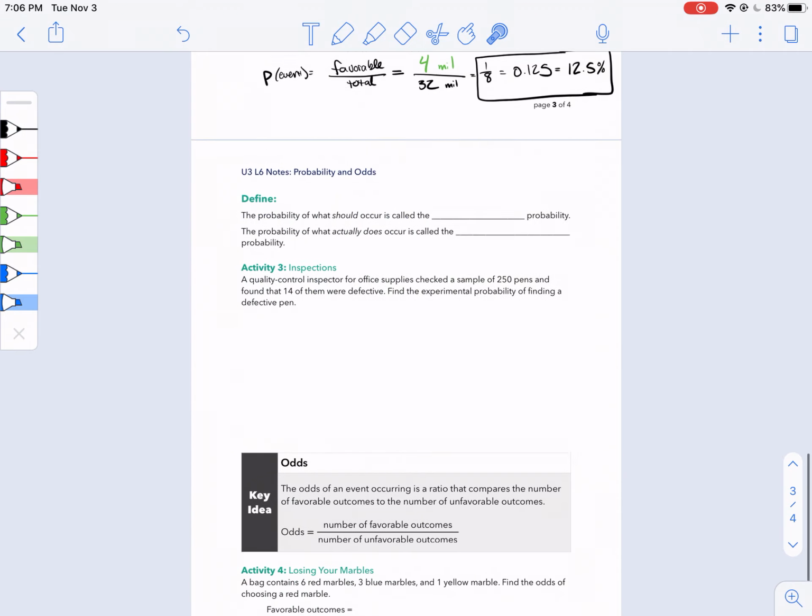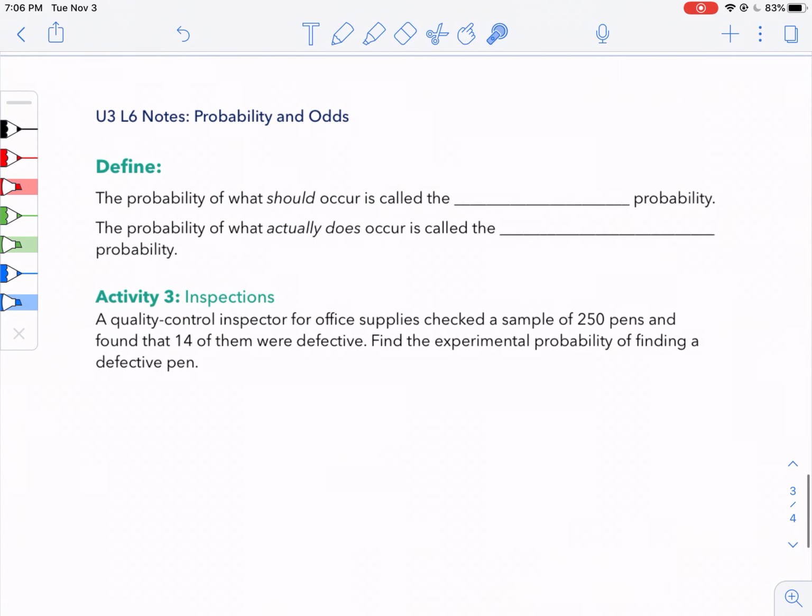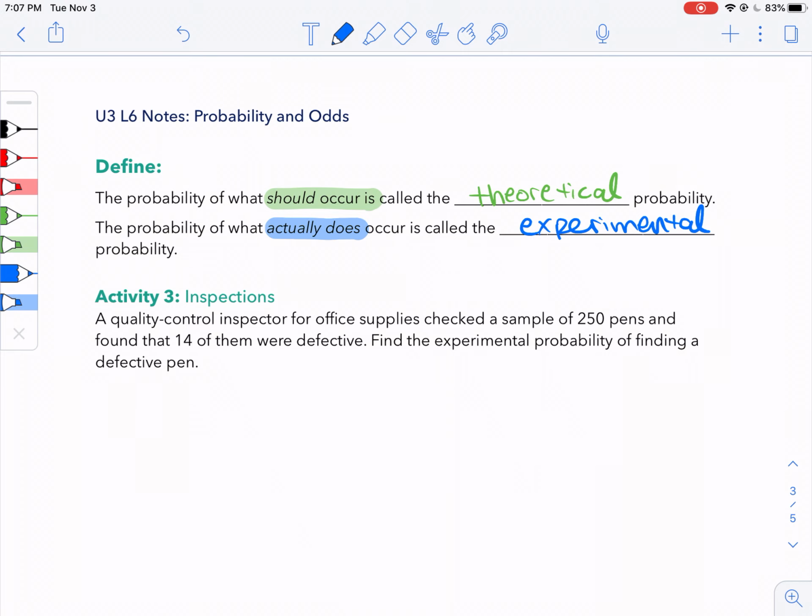So that's probability. We already talked about what we expect to happen, what should occur. We call that theoretical, what happens in theory. And then what actually does occur, what you actually ended up rolling, that's experimental probability. That's what would happen in an experiment.